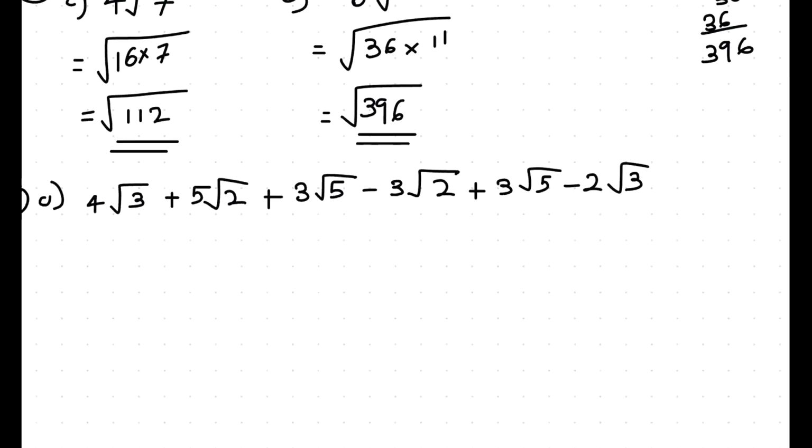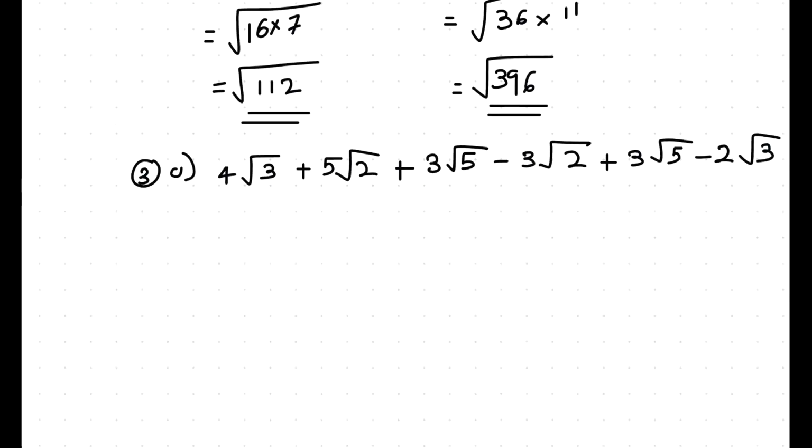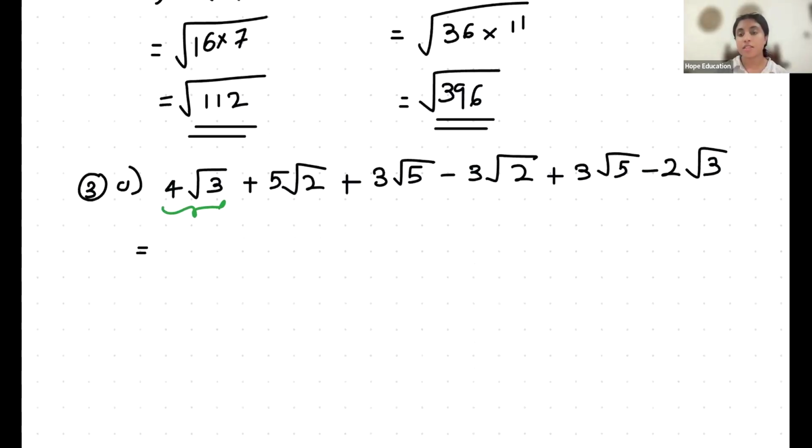Okay. So we have to see what are similar terms. You can see here that this is 4 root 3, and this is minus 2 root 3. So 4 root 3 minus 2 root 3 means 2 root 3. 4 root 3 is something like 4x, minus 2 root 3 is something like minus 2x. 4x minus 2x is 2x. That would be 2 root 3.